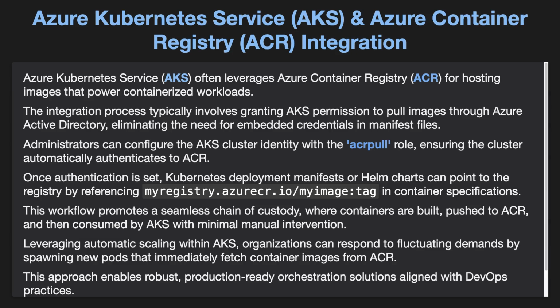Administrators can configure the AKS cluster identity with the AcrPull role, ensuring the cluster automatically authenticates to ACR. Once authentication is set, Kubernetes deployment manifests or Helm charts can point to the registry by referencing myregistry.azurecr.io/image:tag in container specifications.